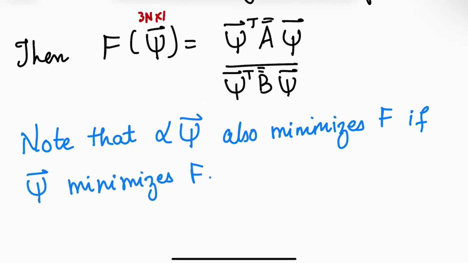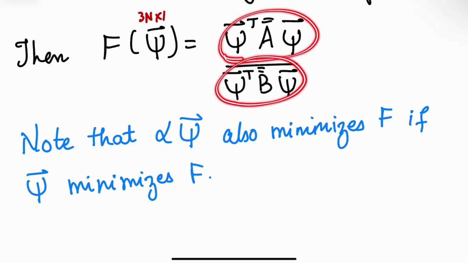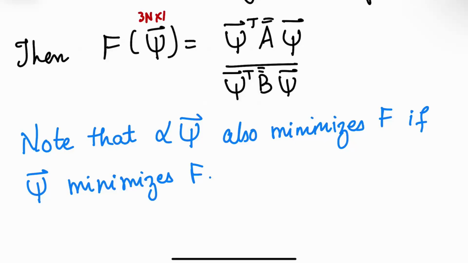Okay, and there are obviously many ways to see this. One is you can just do a direct substitution into this, and you'll see that alpha squared cancels in the numerator and denominator. Of course, another way to see it is that psi itself is an eigenvector. So essentially, any scalar multiple of the eigenvector is also an eigenvector with the same eigenvalue. So that would also minimize f.